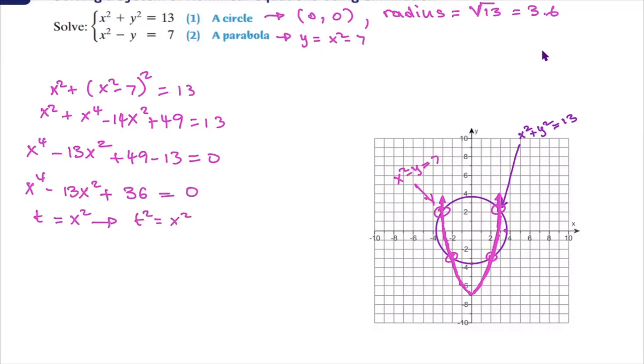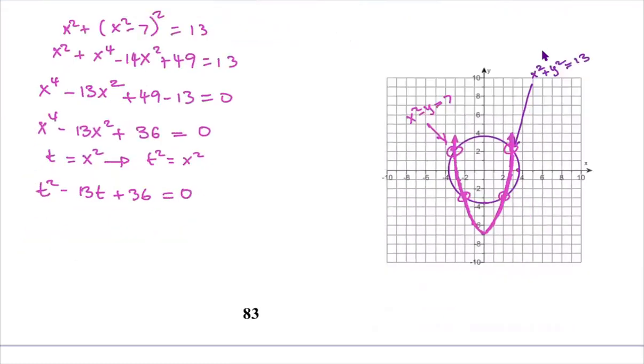Then you're going to have this quadratic equation in t. Then you would need to go back and solve it for x. So that's t squared minus 13t plus 36 equals 0. Then we can go ahead and solve by the quadratic formula.